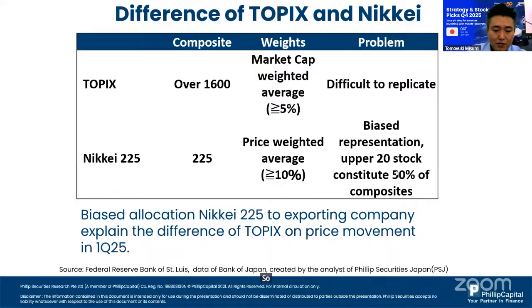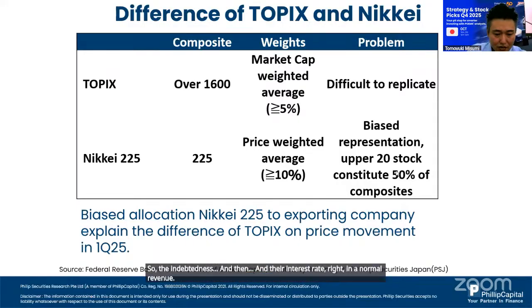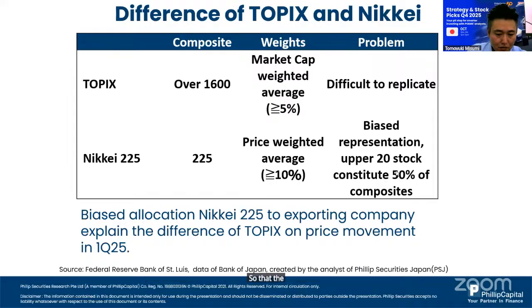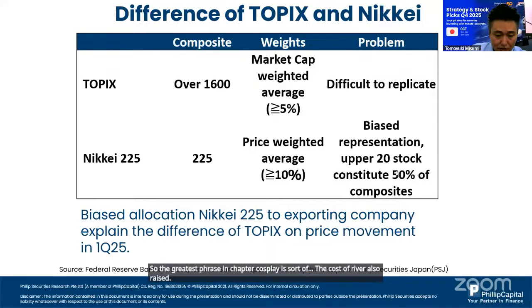So if the government can resolve its indebtedness and the interest rate rises to a normal level so that the government can pay even higher rates, then capital cost rises and the cost of labor also rises.